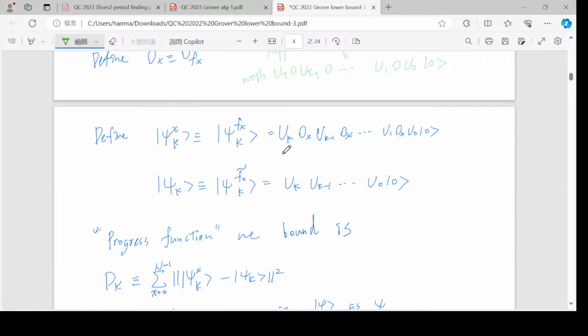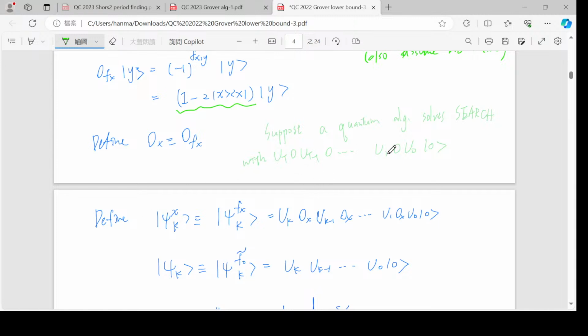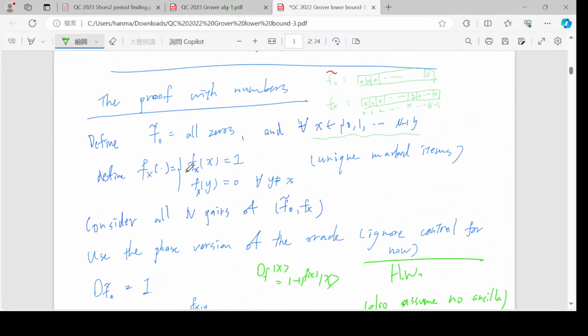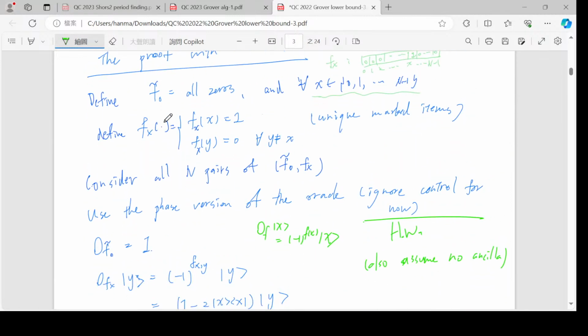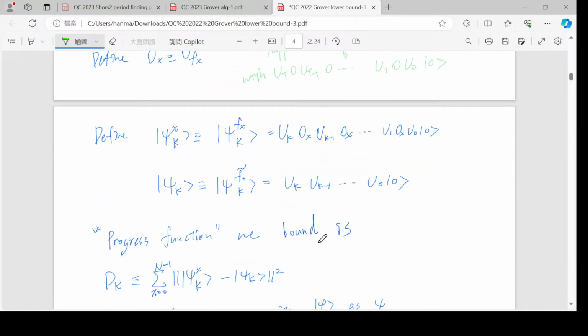Okay. And then just as I said, we assume our algorithm does this. We start with 0, then apply a unitary, oracle, and so on. And we say after k unitaries here, the state is psi f k. But our f only has these two possibilities: we have x marked, and f tilde 0. So for the marked x one, we call it psi x k. Because then we just keep writing this f here.